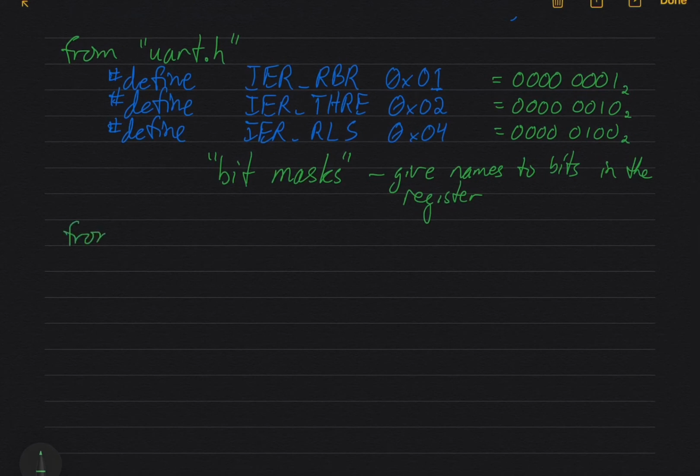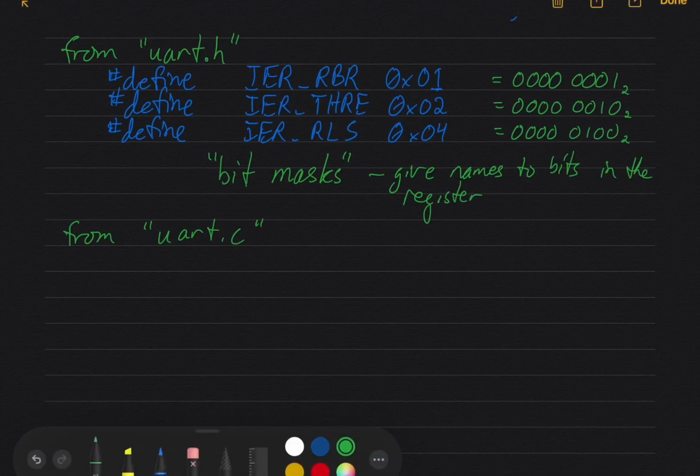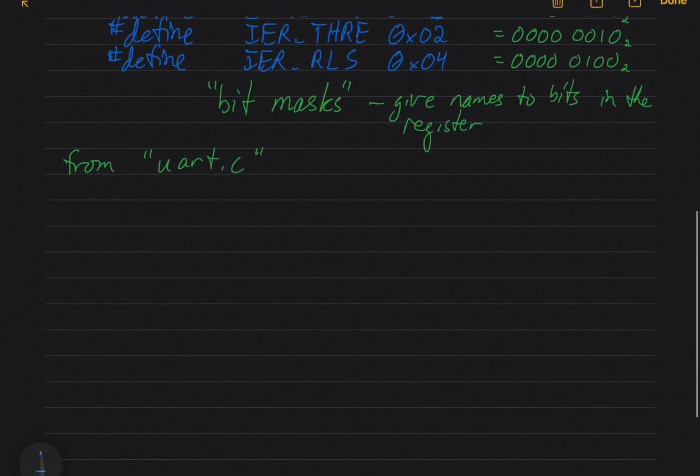So now, from uart.c, which you also include in your projects, there are some lines of code, and I've shown you one already. I'm going to leave a little bit of space to the left so I can add some text there, and a little bit of space above. So this line we've seen already.